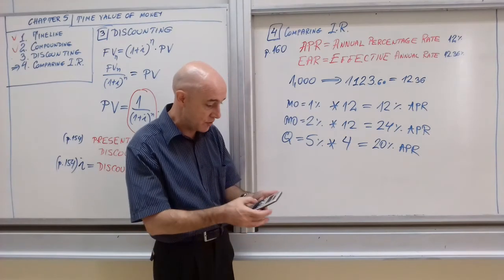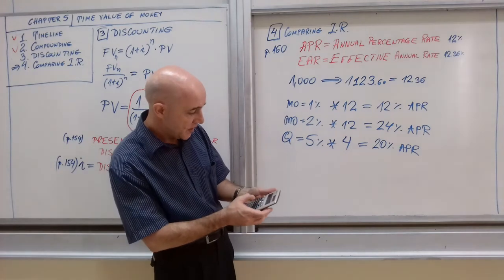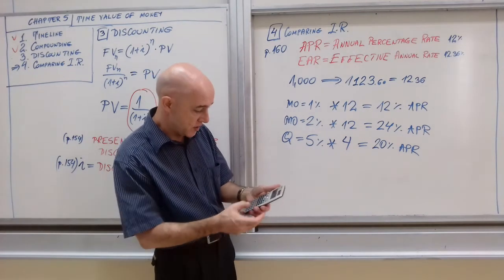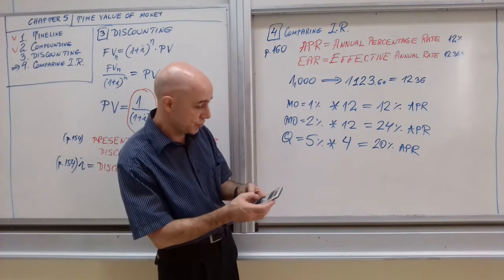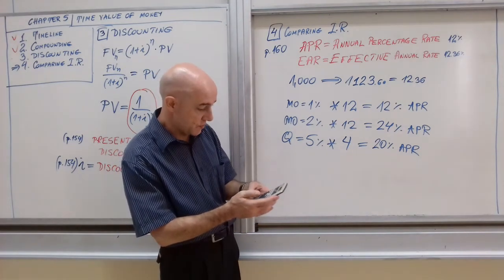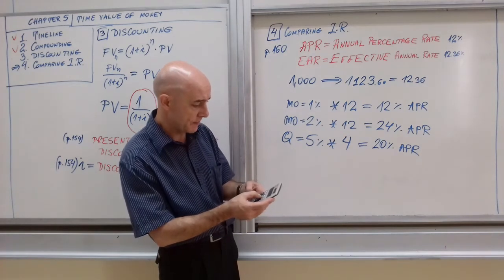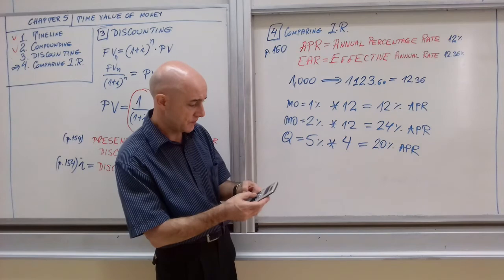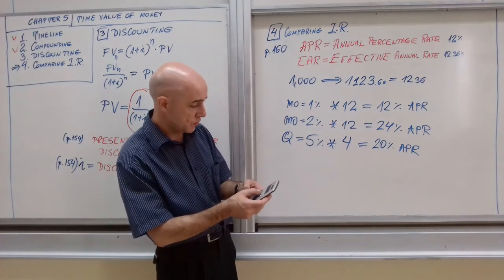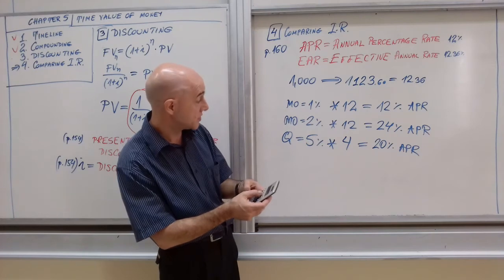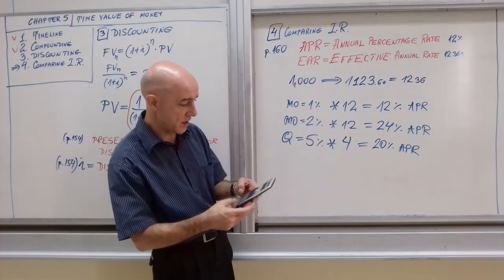I say compound period is equal to 1. Enter. Interest rate is going to be 24. Enter. Present value is, what is it? The present value is 1. Enter.